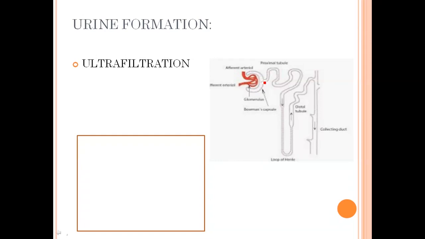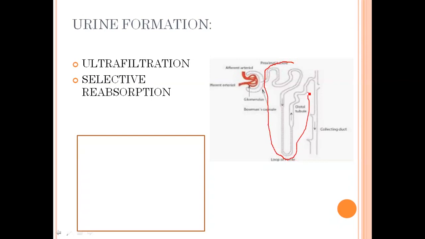Now, the nephric filtrate passes then into this particular tubular portion, which we call the PCT, Henle's loop, followed by the distal convoluted tubule. So when the nephric filtrate passes through these tubular portions here, that is the PCT, DCT and the Henle's loop, the useful substances are reabsorbed in the blood.